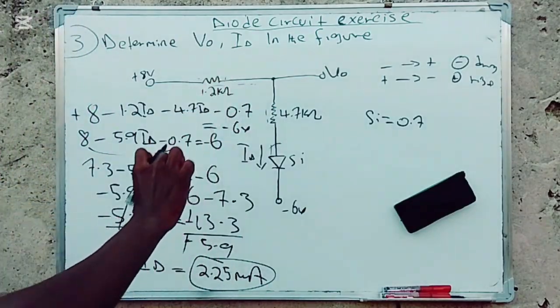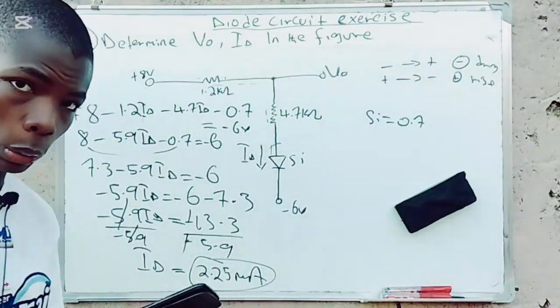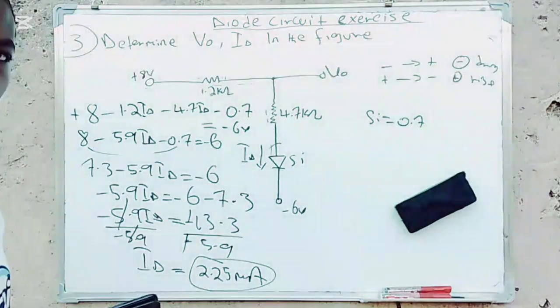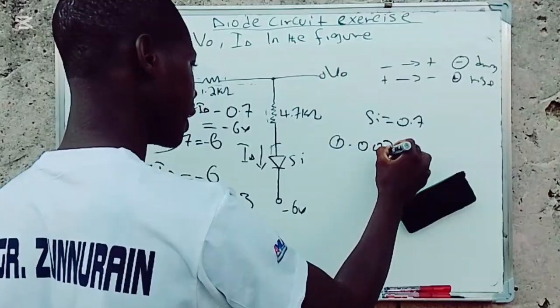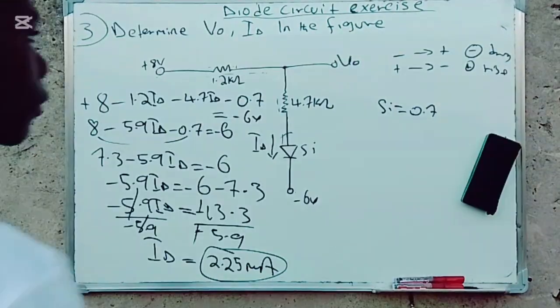Because of this kilo, we are excluding the kilo, so you get the answer in milliamps. If you didn't exclude the kilo, you get something like 0.00225.